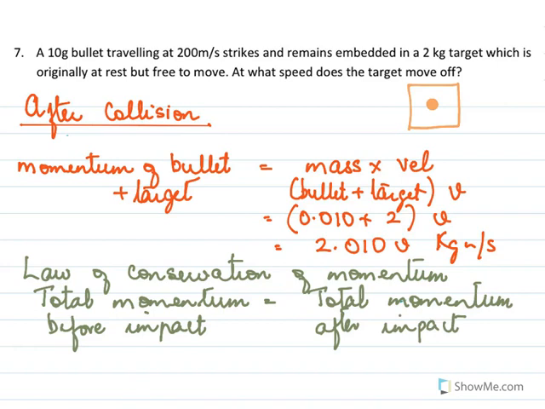Total momentum before impact was 2 and after was 2.010 v. So we got v equal to 2 over 2.010. Now we need to solve this.